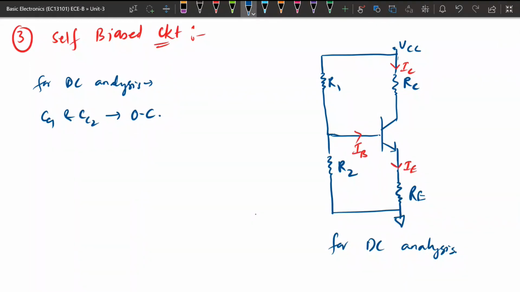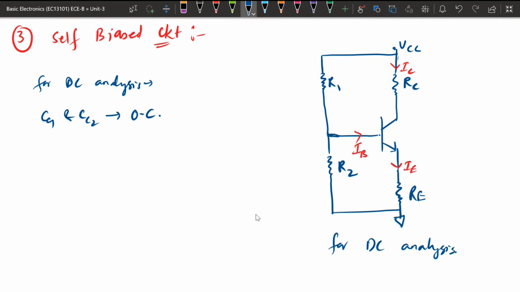Okay, so in case of DC analysis, we will go with the analysis of the circuit. Basically we need to find the equivalent circuit while we are deciding the input voltages here.